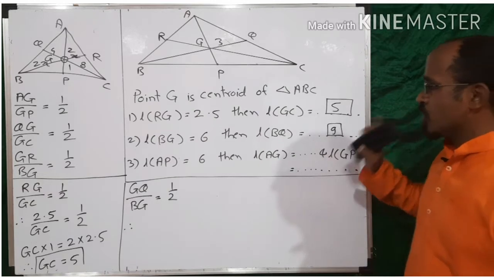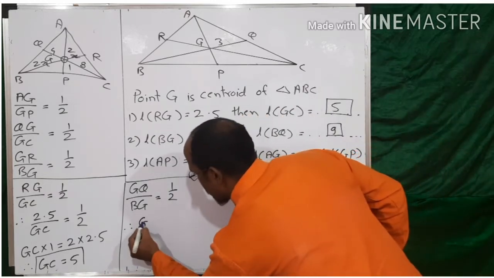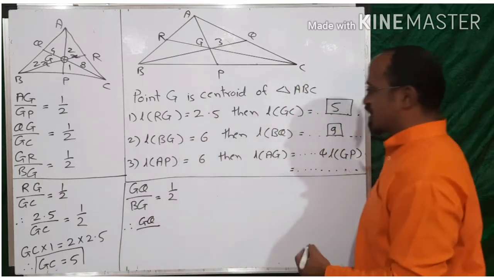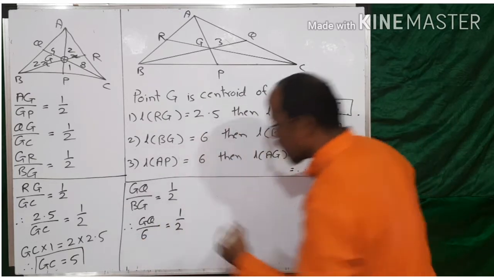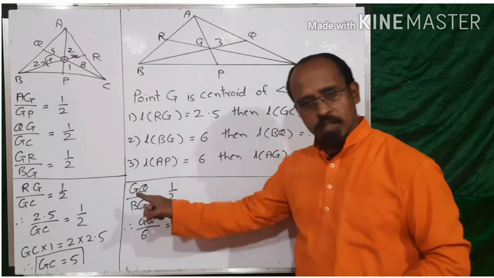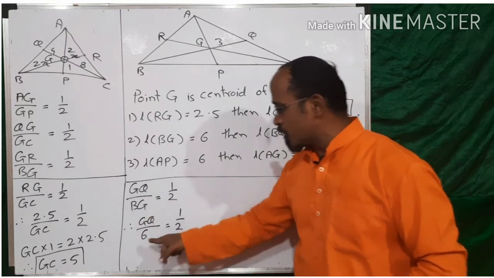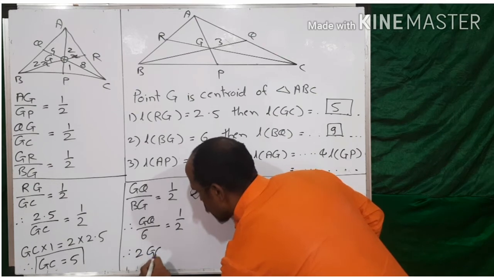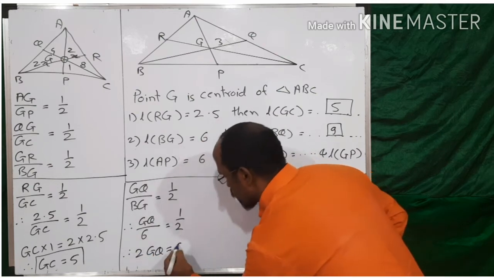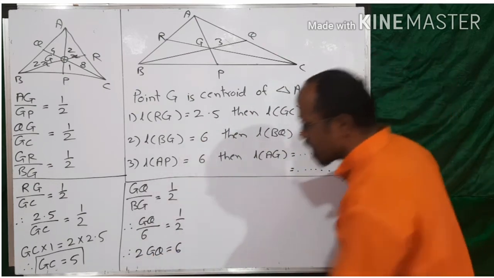Value of GQ is not given, so we'll write it as it is GQ. Value of BG is equals to 6, which is equals to 1 upon 2. Cross multiplication is equal, therefore 2GQ is equals to 1 into 6. Therefore 2GQ is equal to 6, right?